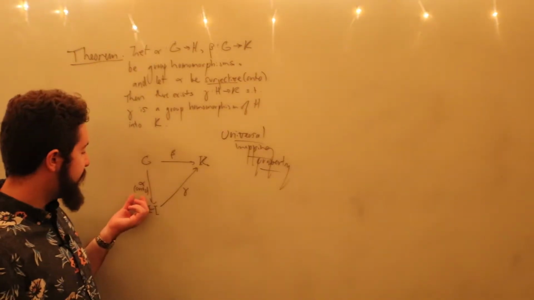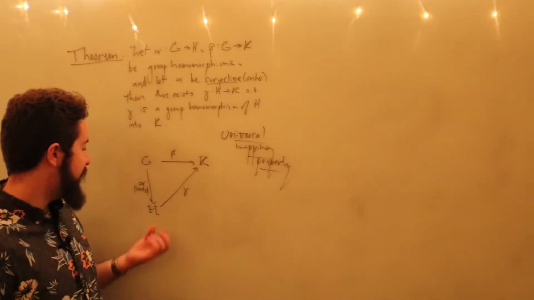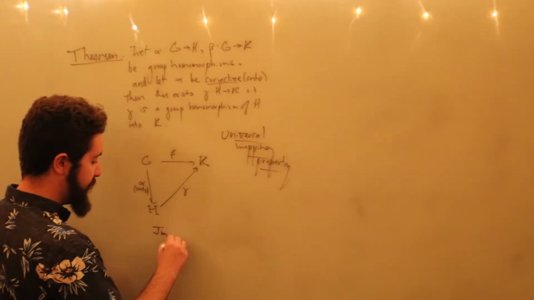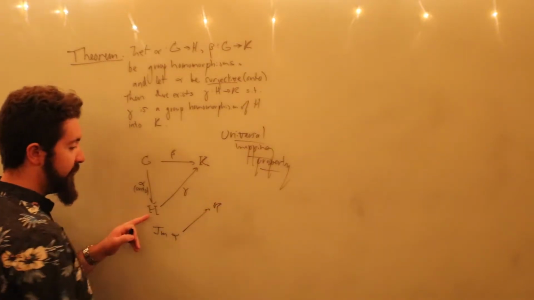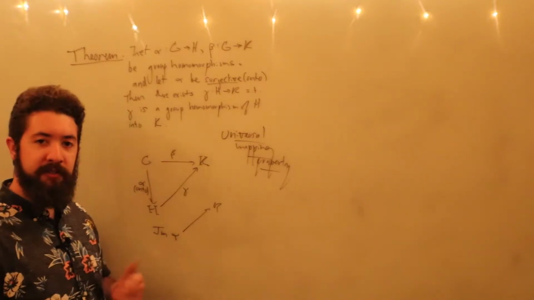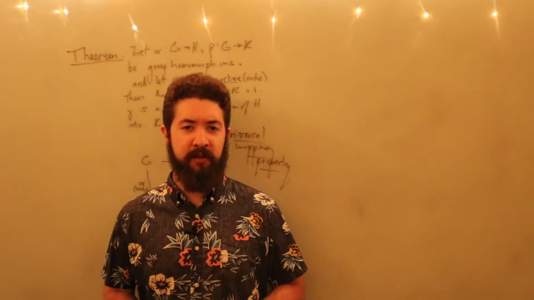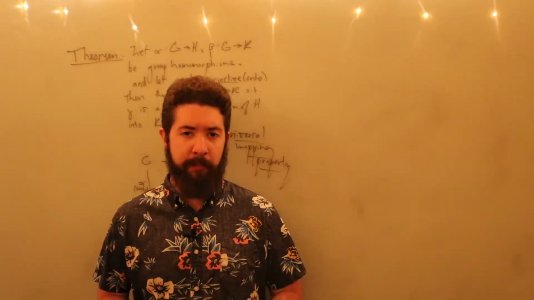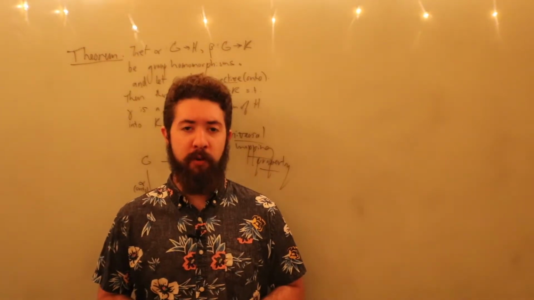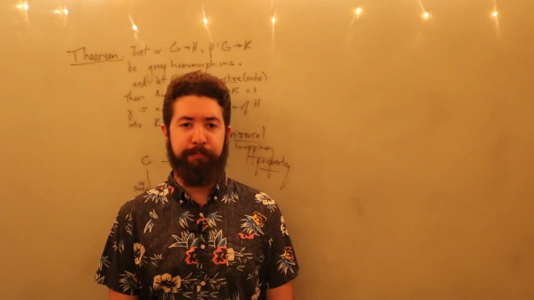So instead of considering alpha onto, we could just consider it a normal group homomorphism, and then instead imply the existence of a mapping from, say, the image under alpha to K instead of H to K. But to make it look pretty, we're going to just assume alpha is surjective and we'll have a mapping from H to K. Alright, so our strategy is going to be to first construct such a mapping from H to K, show that it's a mapping, and then second, we're going to show that it's operation preserving. If it is, then it's a group homomorphism, just as before.